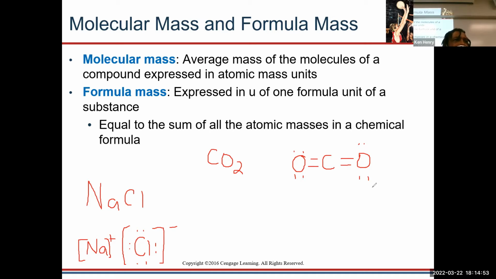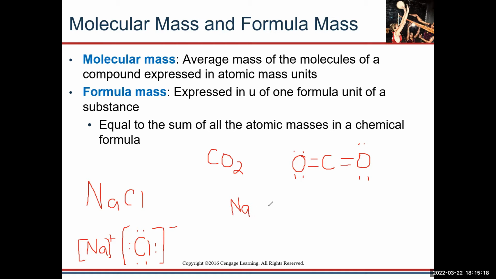So when we talk about formula mass, it's making reference to just looking at sodium chloride and not all of the different stacking up, the plus and minus, plus and minus that you're going to have, right? Because that's what forms that lattice, whereas molecular mass is making reference to that molecule. Now, the process of calculating its mass is exactly the same. You just count how many of each element are there, and then you multiply it by how much each weighs. So for instance, if we take a look at sodium chloride, sodium weighs how much? 22.9.